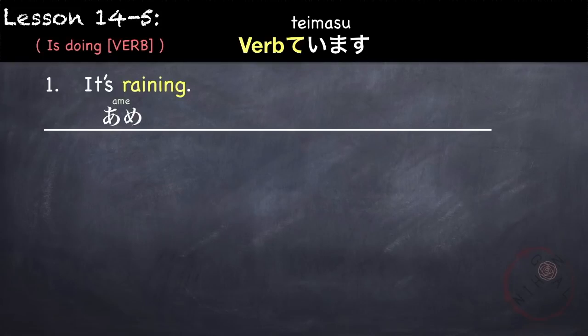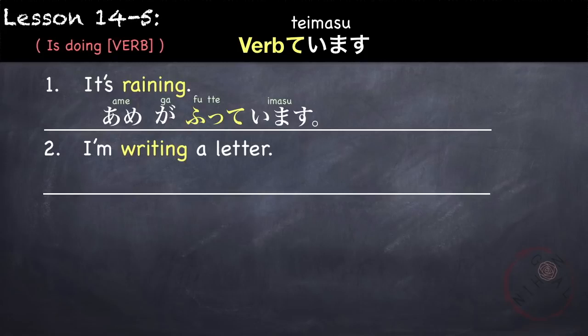Rain is ame. Ame ga. To fall or to precipitate, the verb is furimasu. In te form, it becomes futte and then followed by imasu. Ame ga futteimasu. It's raining.